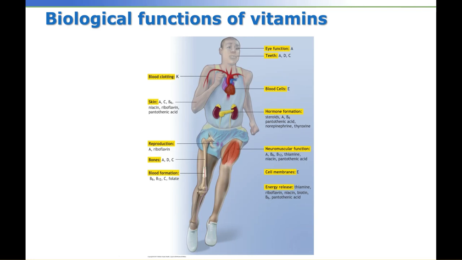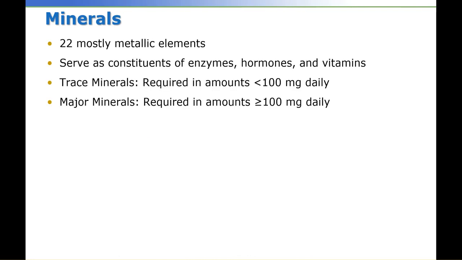The bones, vitamin C, D, A. Blood formation, excuse me, you have B6, B12, C, folate. Neuromuscular function, we need A, B6, B12. So if we're deficient in some of these things, you may not be able to perform as well.